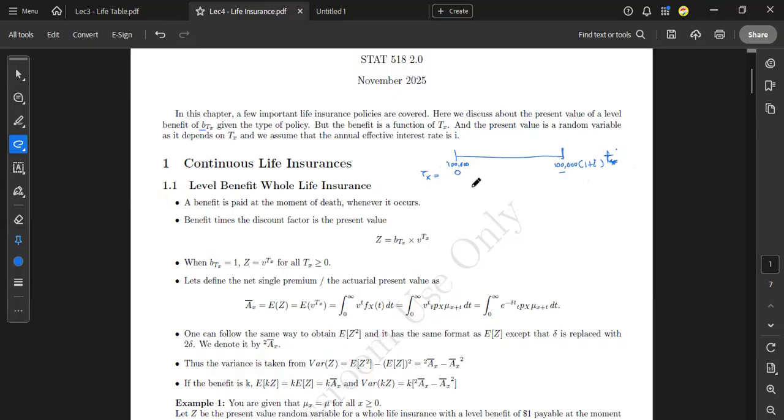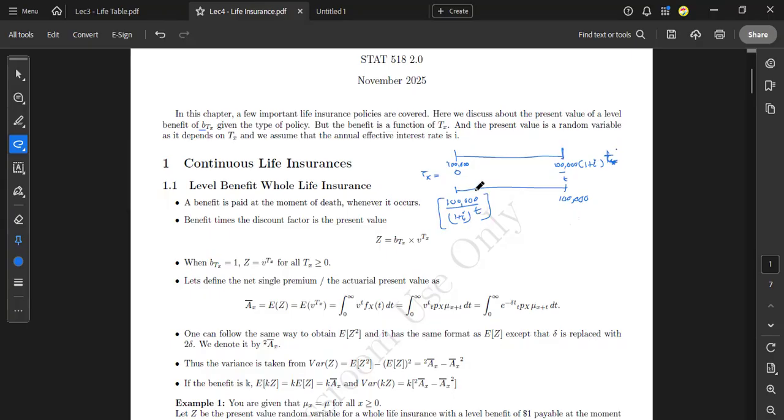So now I can use this concept and get the discounted value, which is the present value. If I need 100,000 at this point, which is Tx equal t, I should have at least this much money at the beginning. This is called the present value of this 100,000.